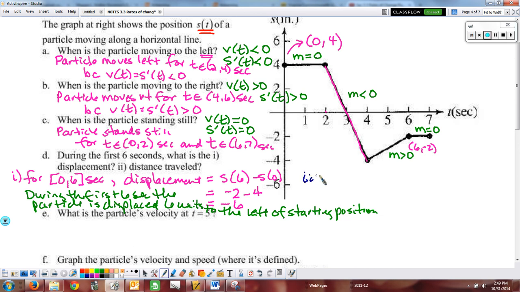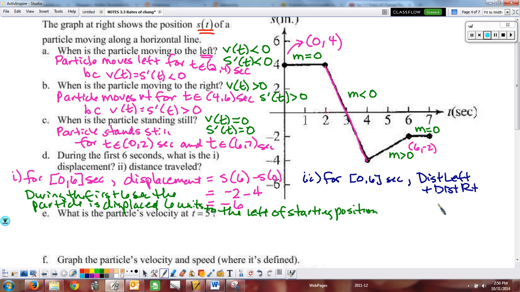Right? Now the second part of this is, what is the distance traveled? And basically you have to be very careful with this and think about what is going on. You basically need to add, for the first 6 seconds, the distance that I've traveled left plus the distance that I traveled right.